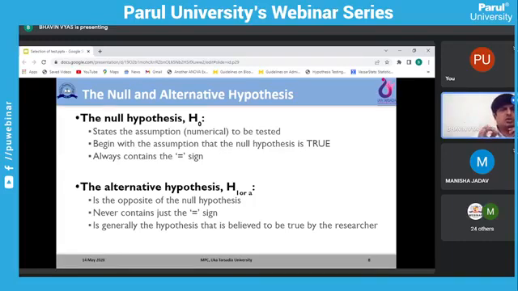For this experiment, my null hypothesis will be that drug A and drug B are equally effective in the treatment of hypertension. So in the null hypothesis I state there is no difference between the two variables I have.